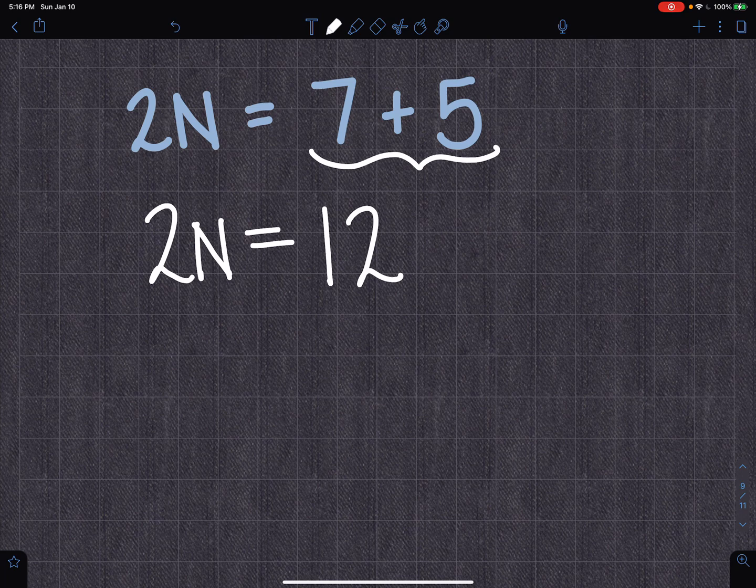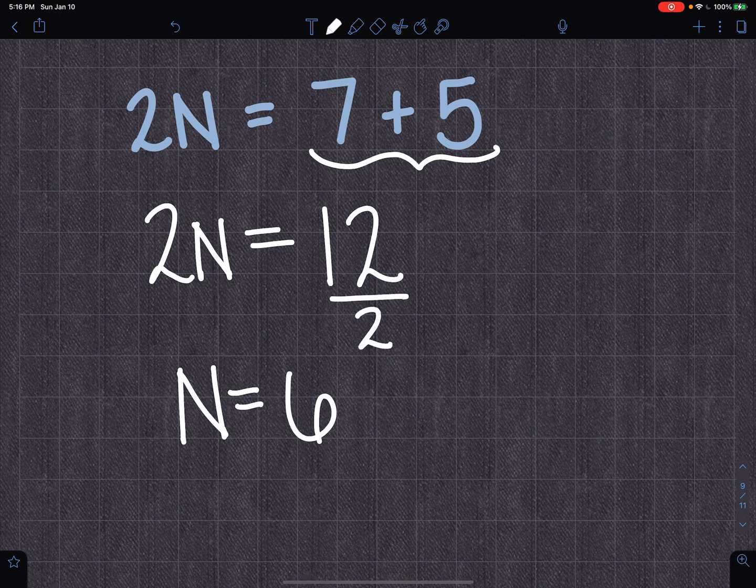So 2 times what is going to be equal to 12? And then I think you know that n is equal to 6. The way you figure it out is to do the inverse operation. So 12 divided by 2 will give you the answer. Like that, 12 divided by 2. Okay, and the answer is n equals 6.